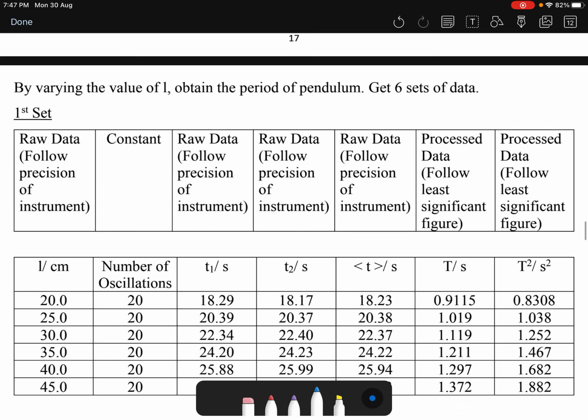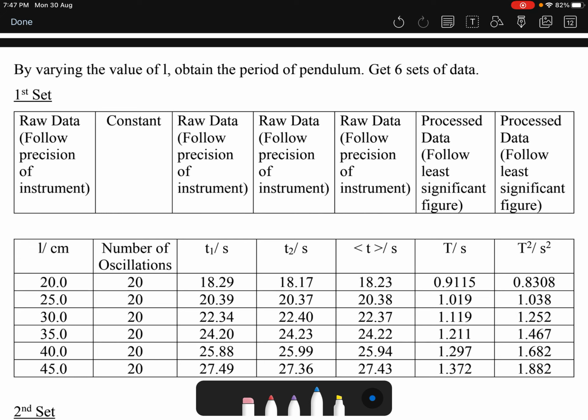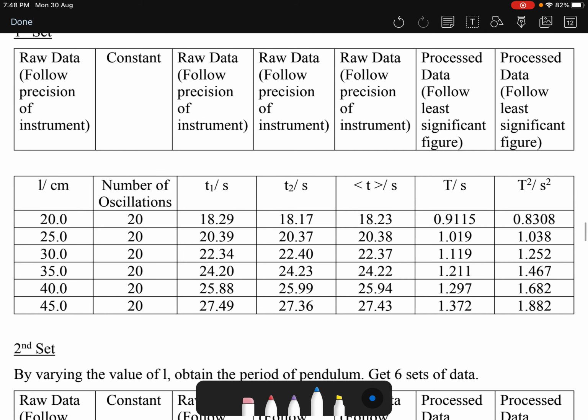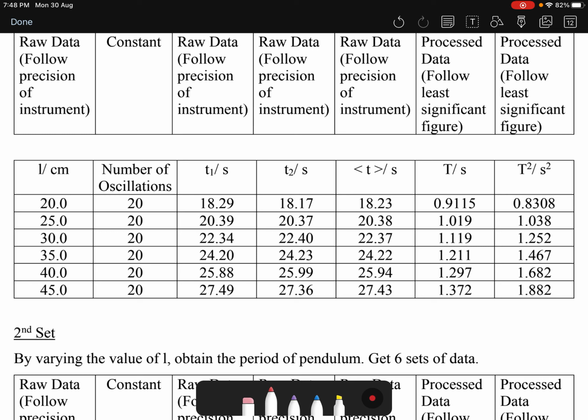The first set is where I posted a video on how I do my experiment. Actually I wasn't expecting you all to watch that one, but thanks for watching anyway. If you look at my table, first of all, my heading is very important.